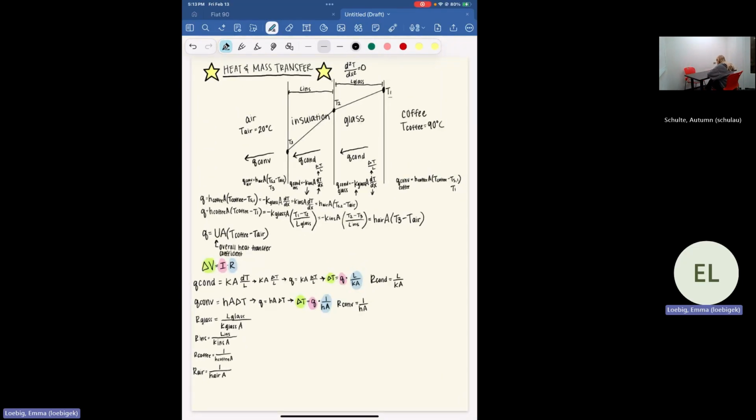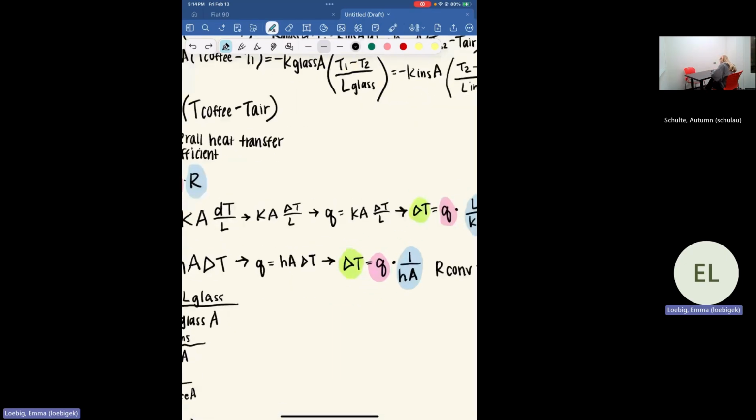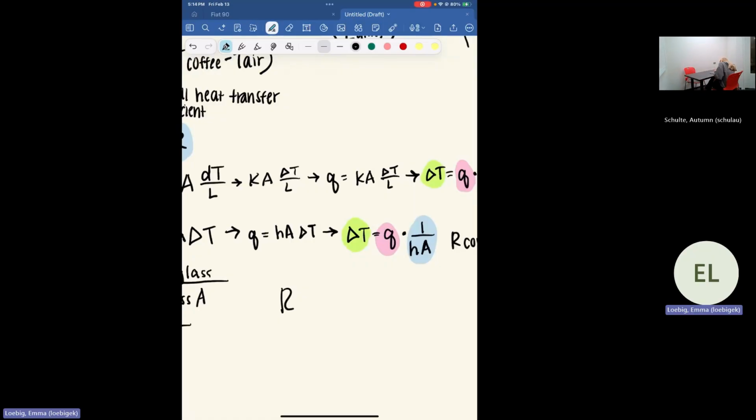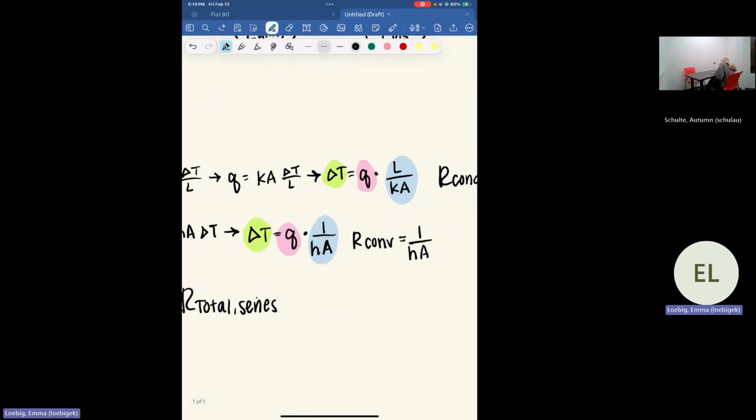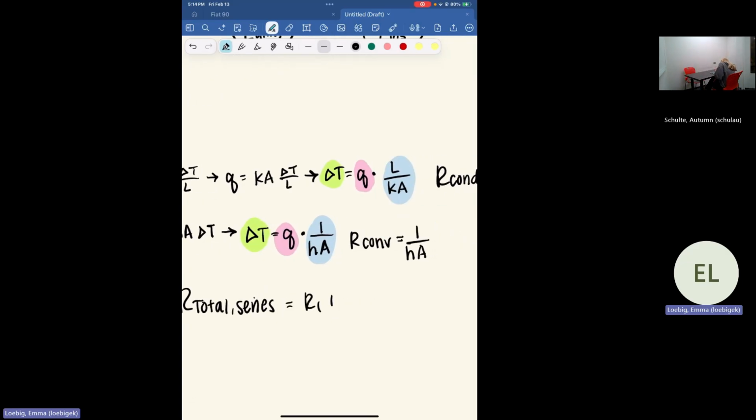Now we can say that our entire process is in series. This is because it's following a sequential type of flow. We know that the total resistance for something in series is simply adding together each resistance.